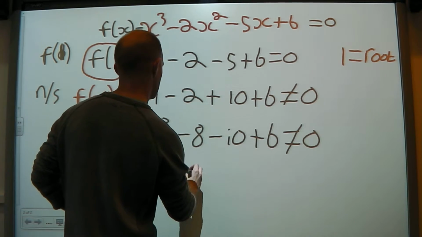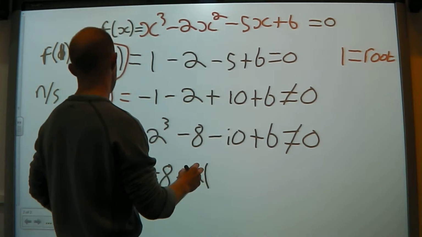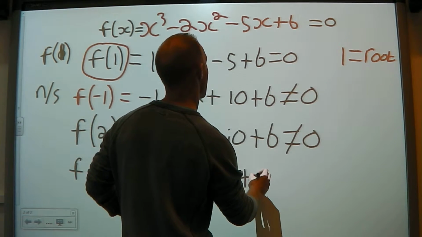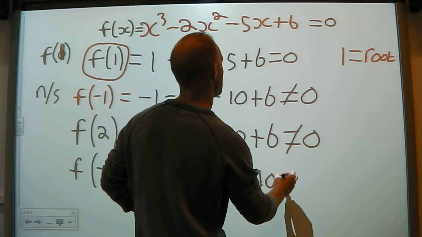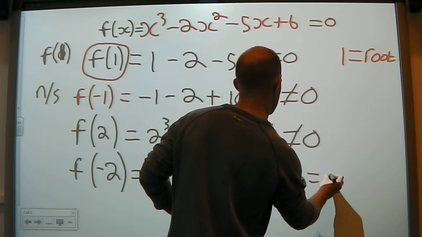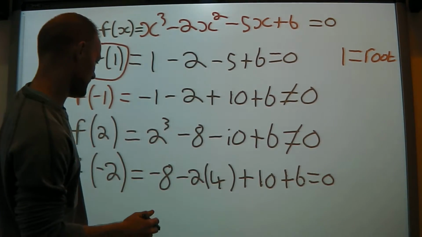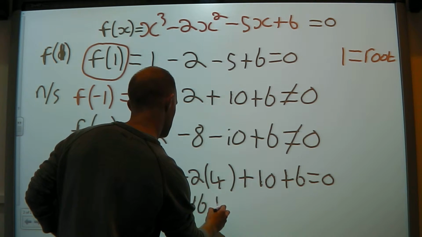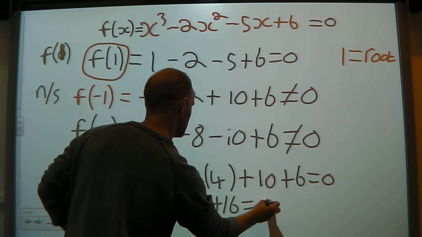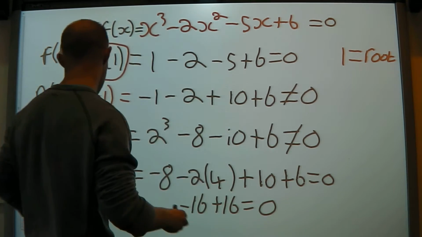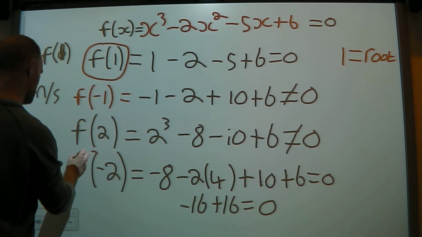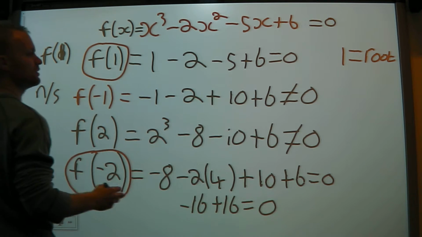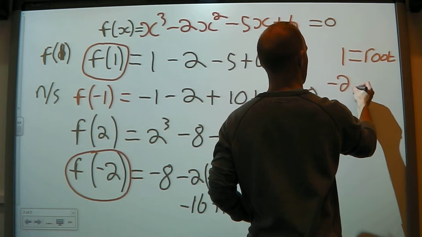Now, -2 times 4, and plus 10, plus 6 is equal to 0, and we just tidy that up. -8, -8 equals -16, plus 16 is equal to 0. That's true. So that is another solution. That's 2 solutions. -2 is a root.